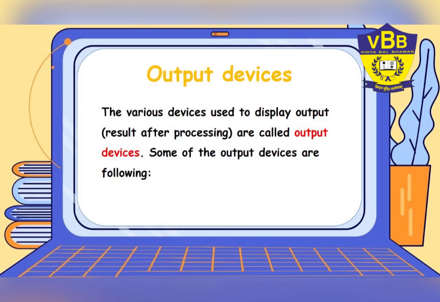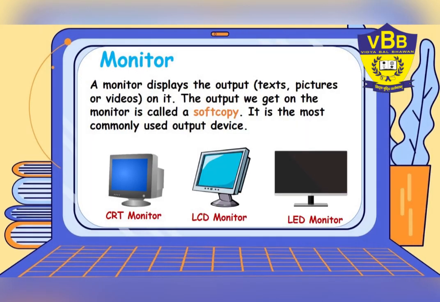Now, output devices. Various computer devices which show the result after processing are called output devices. Some examples of output devices are monitor, printer, speaker. In monitor, we have three categories: CRT monitor, LCD monitor, and LED monitor.